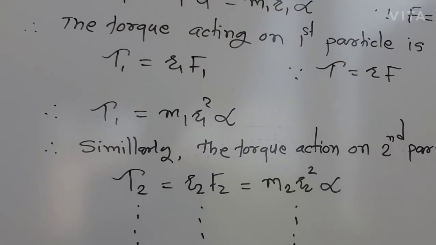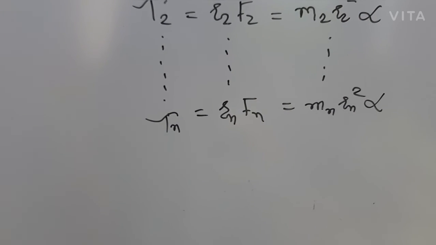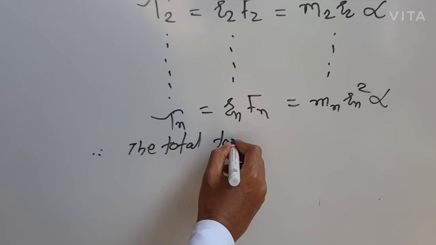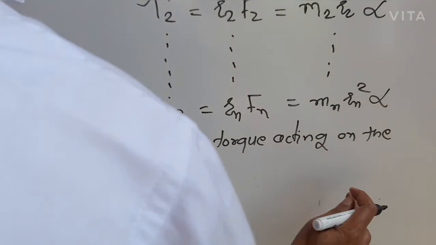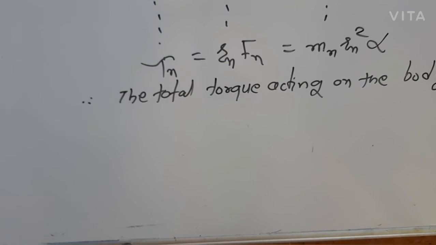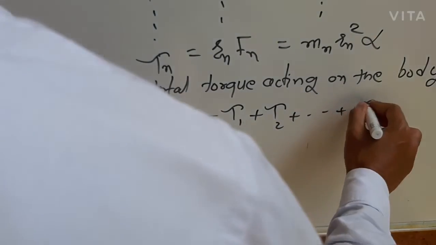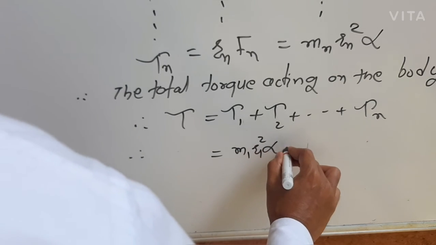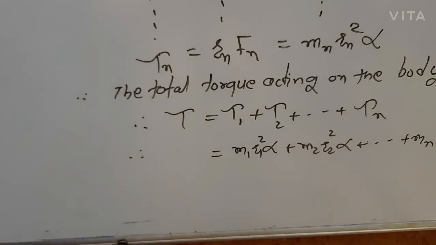First is A equal to R alpha, second is F equal to mass into acceleration, and third is tau equal to R F. Similarly, we express the torque on all particles, and therefore the total torque acting on the body is tau equal to tau 1 plus tau 2 plus up to tau n, which is equal to M1 R1 square alpha plus M2 R2 square alpha plus up to Mn Rn square alpha.